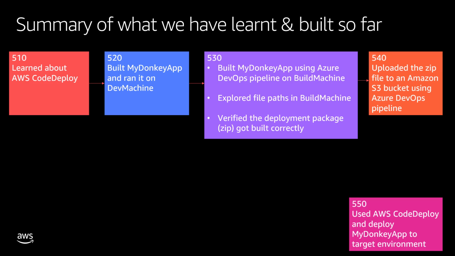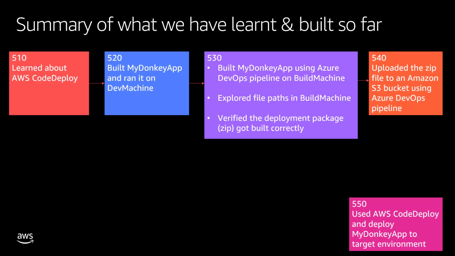We then created an AWS CodeDeploy application and then used the single S3 bucket or the zip file that is in the S3 bucket and then deployed that deployment artifact to the environment called preprod.